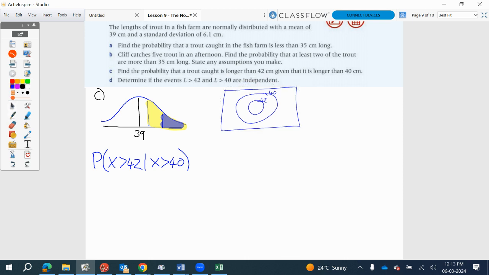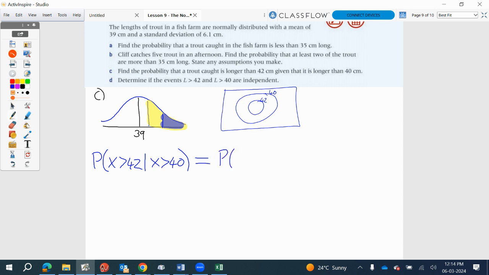So in a normal distribution, with these sort of conditional ones, you're always going to get this happening. They're always going to overlap like this, pretty much. If they're overlapping like this, that means the intersection of these two is the same as the probability of that one. So this simplifies it.